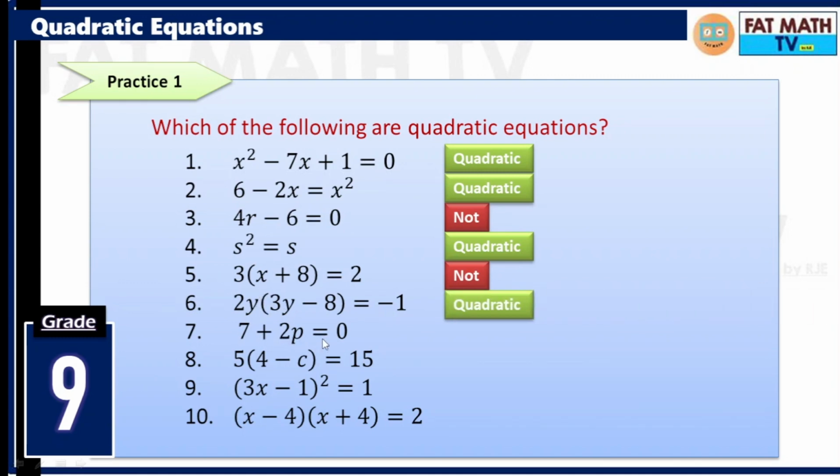This one, 7 plus 2p equals 0, is a linear equation, so that is not quadratic. This one is going to be 5 times 4 minus 5c, so not a quadratic equation. This one, if you expand, you're going to have a 9x squared. That is quadratic. And this one here, you will have x squared if you expand and simplify. So this is also a quadratic equation.